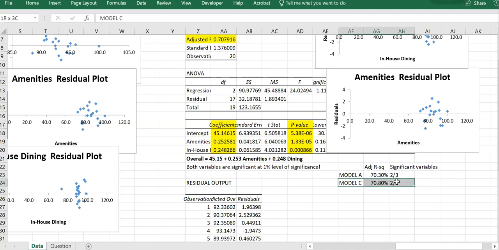So definitely model C is more preferred. I just called it model C, but I mean the model that we developed in part C of this question is more preferred.